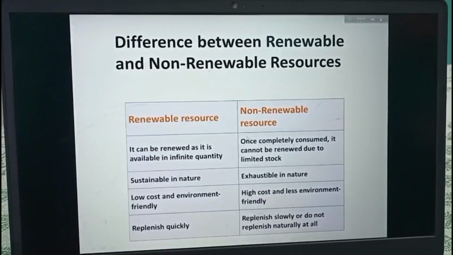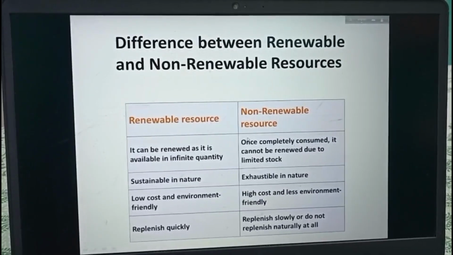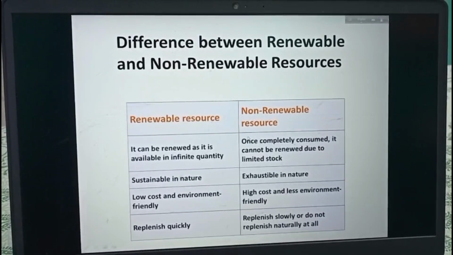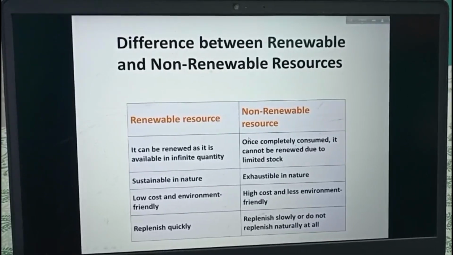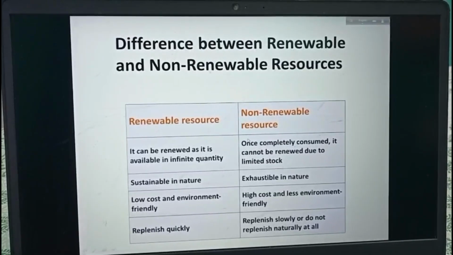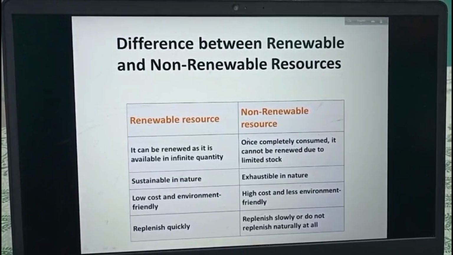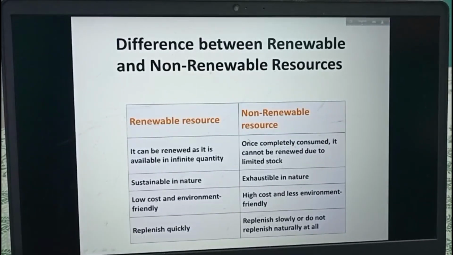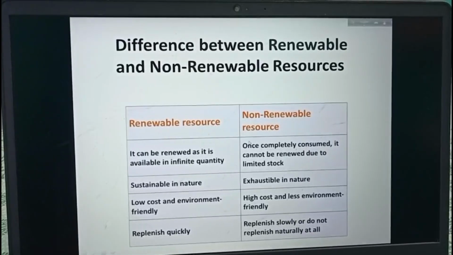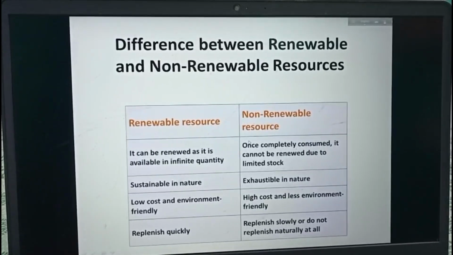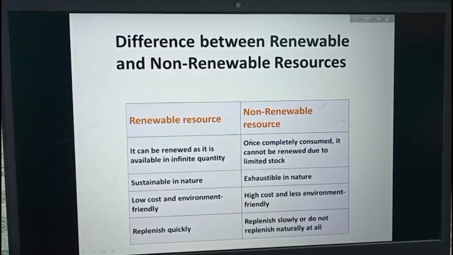We learned about the concept of sustainable development, and there is also mention that for the conservation of resources and for our future generation, we have to maintain resources at the same time and for many times. That is called the renewable resource, which is available in our nature and which is limitless, unlimited.